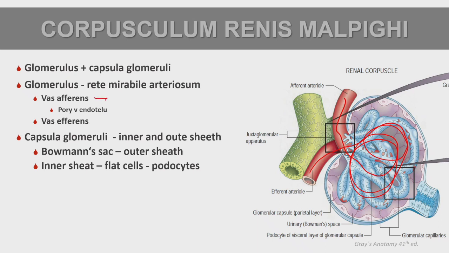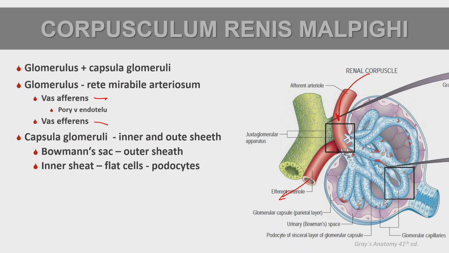It contains the vas afferens. Through the vas afferens, the blood flows inside, then goes through this rete, and then goes outside through the efferent arteriole.